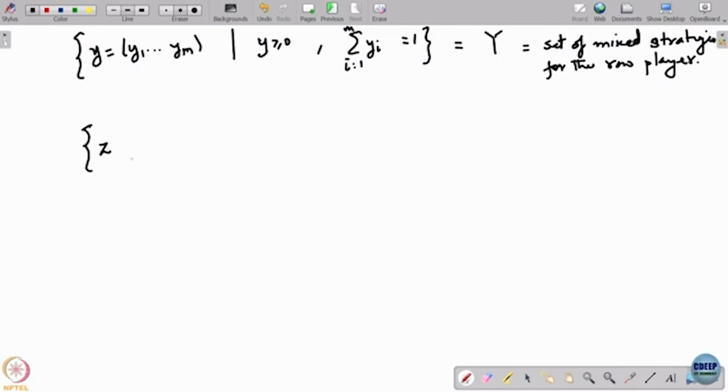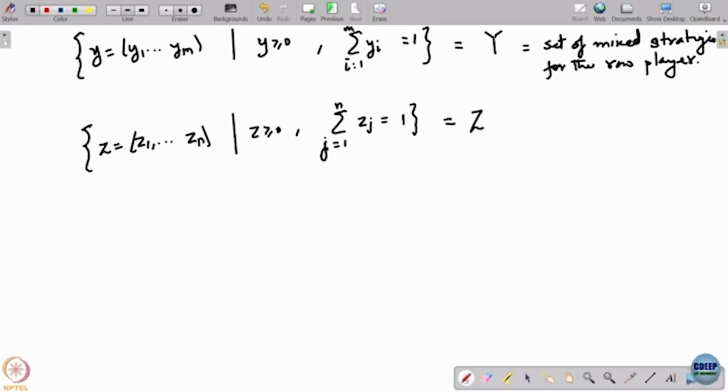What is similarly now for the column player? Let's denote it by Z. Suppose there are n columns, then what is a mixed strategy for the column player? The mixed strategy for the column player is a vector now z1 to zn. These z's are all greater than or equal to 0 and they have the property that if you sum these zj's, they sum to 1.